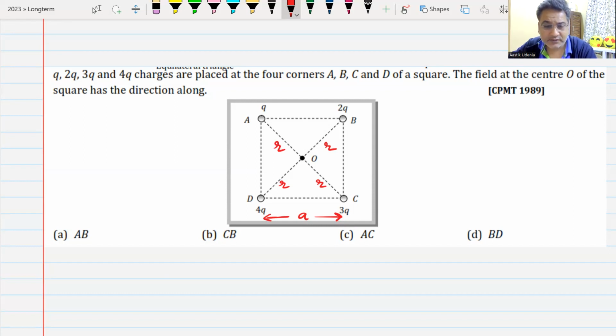If the square's edge is a, what will be the distance of the vertex of the square from the center? You can calculate this, yes or no?